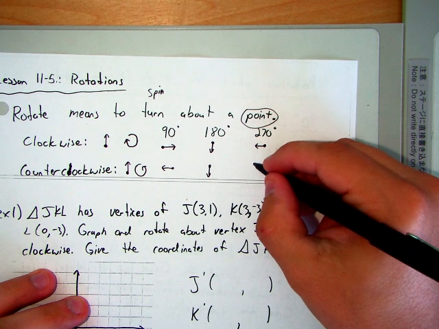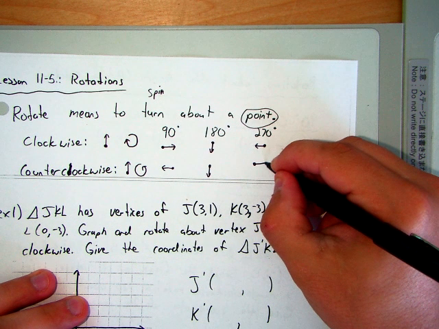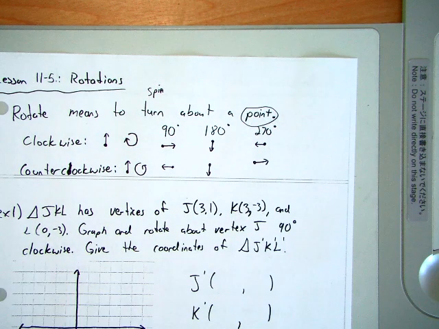And a 270-degree rotation, the arrow would be pointing to the right. Notice how when we do counterclockwise and clockwise, a 90-degree turn, they're pointing in opposite directions. That's because clockwise and counterclockwise are going in opposite directions.